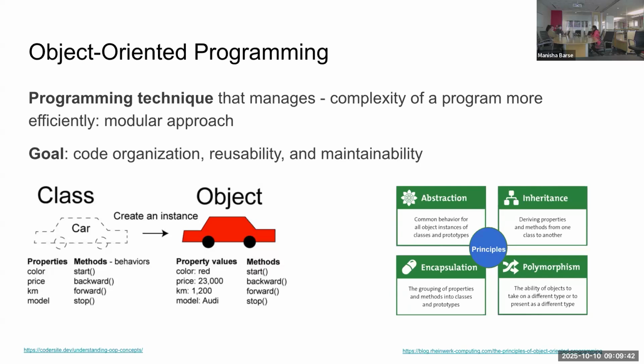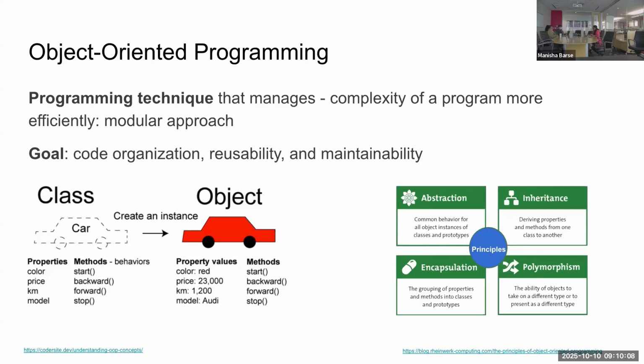Inheritance is deriving the properties and methods from one class to another. There is encapsulation, where we want to protect our data and group the properties and the methods into classes and the prototypes. And then there is polymorphism, the ability of objects to take on a different type or present as a different type.